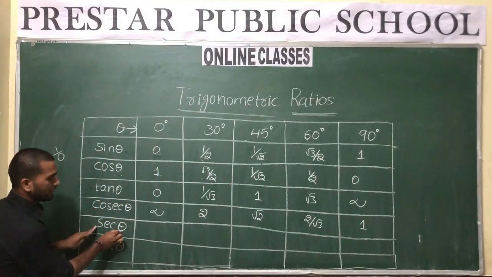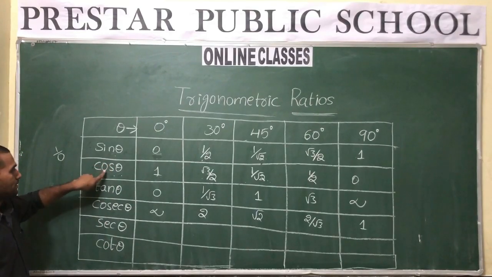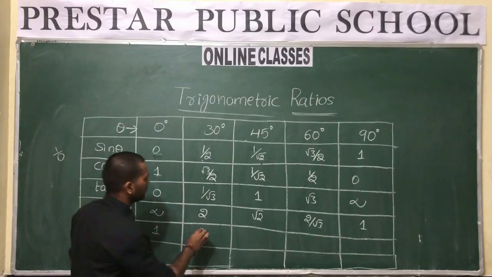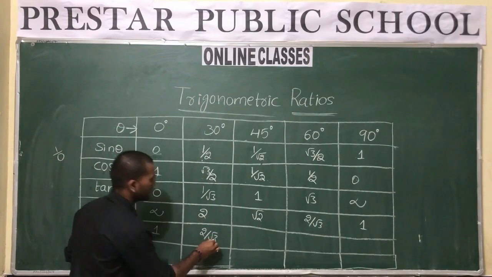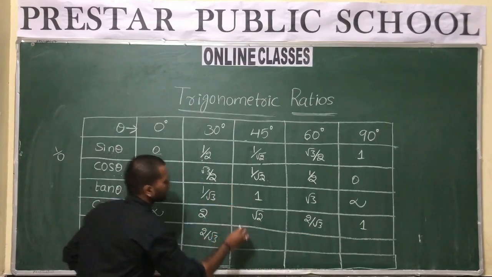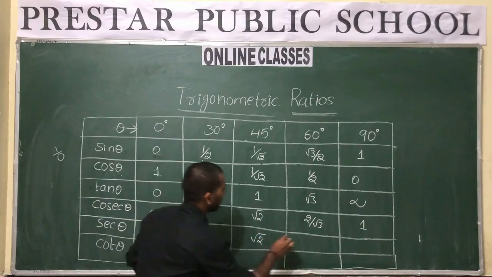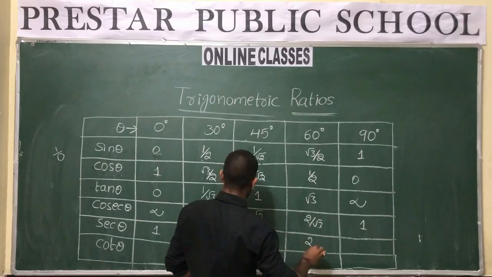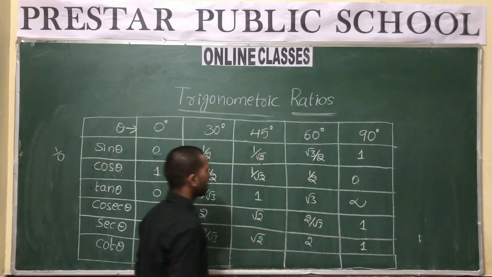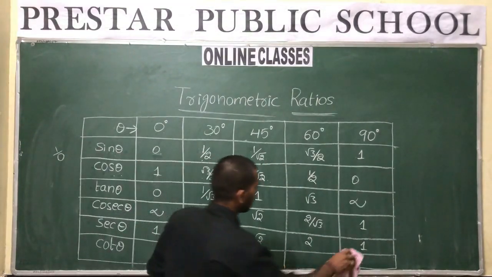In the same way, secant theta is the reciprocal of cos theta. So 1 upon 1 is 1, and root 3 upon 2 becomes 2 upon root 3. Otherwise, it is just the reverse order of cosecant theta. Next, here it is 2, and next, in reverse order... sorry, it is not 1.